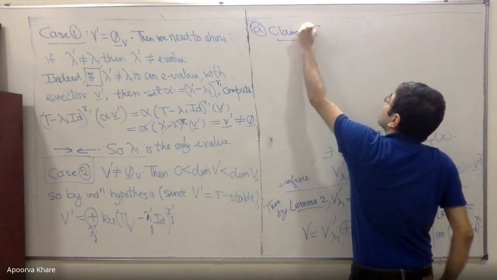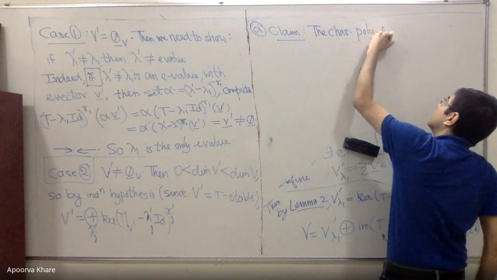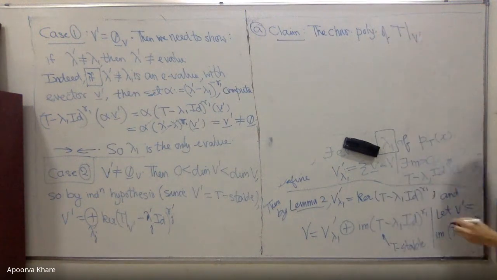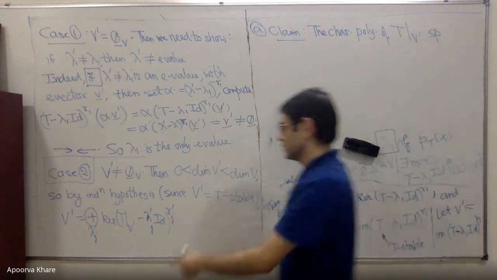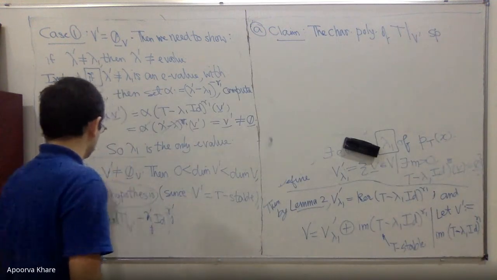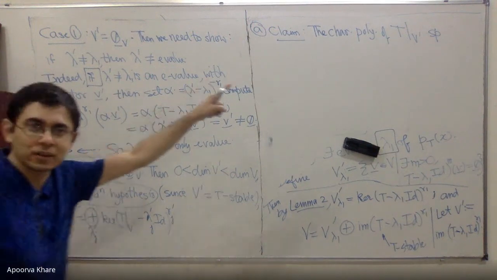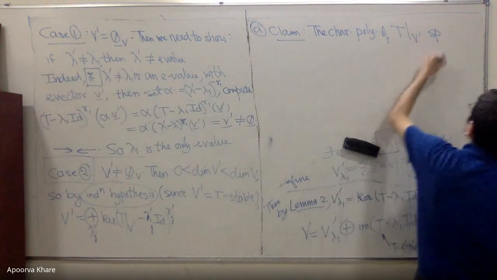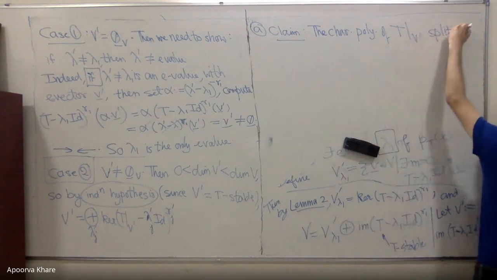The characteristic polynomial of T restricted to V prime splits as a product of linear factors, which is why the induction hypothesis applies. So even before I write this down, I should be really proving this part, right? When we do that, we will not use that to prove this.